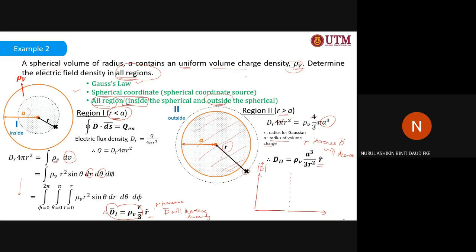This will be r, the length of the distance of this electric field density. This is region 1, which is located inside the sphere, and this is region 2, which is located outside the sphere. So the graph will increase linearly if the electric field density is located within the shape.